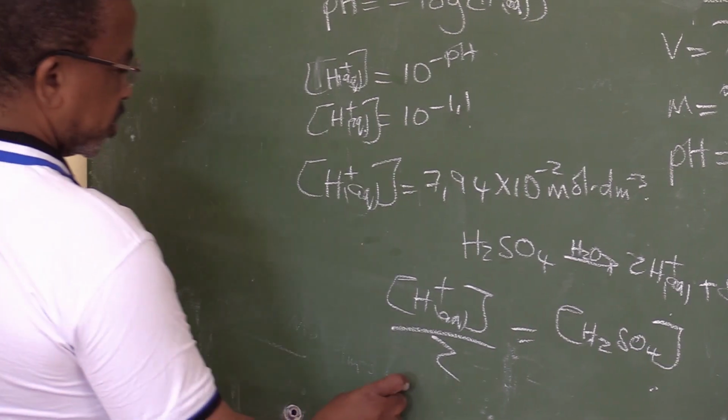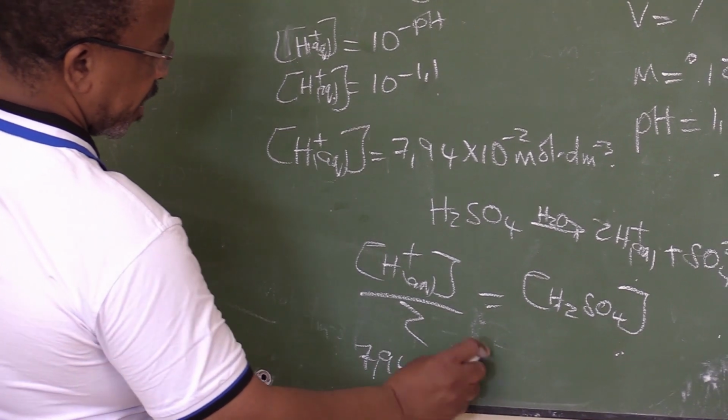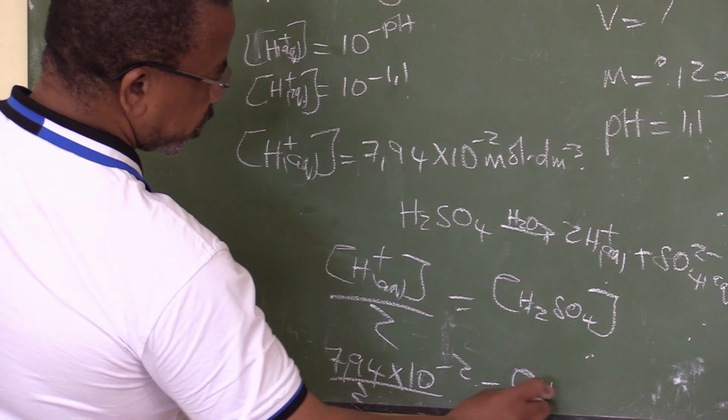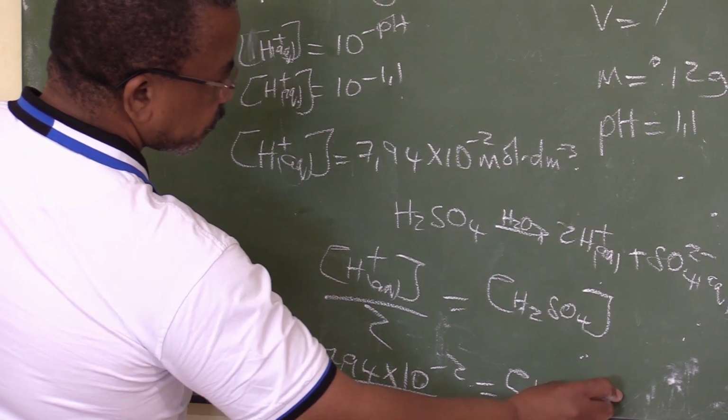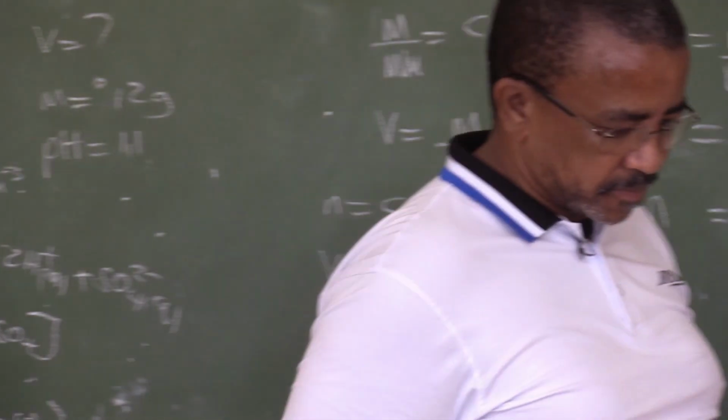So it will be 7.94 times 10 to the power minus 2, divided by 2. This is the concentration of H2SO4. Let us put it in.